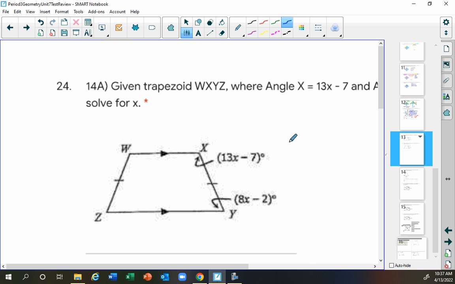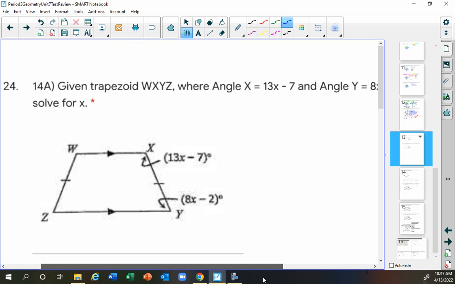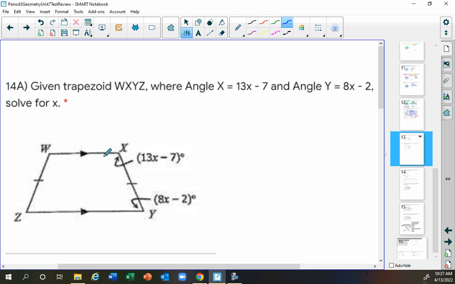Okay, we just talked about this moments ago. Here's your isosceles trapezoid. Okay, your mirror goes right down the middle. There's your mirror. But these two angles are on the same side of the mirror.